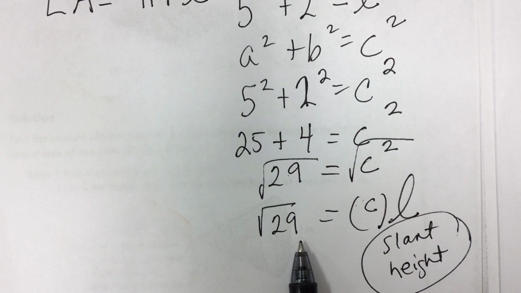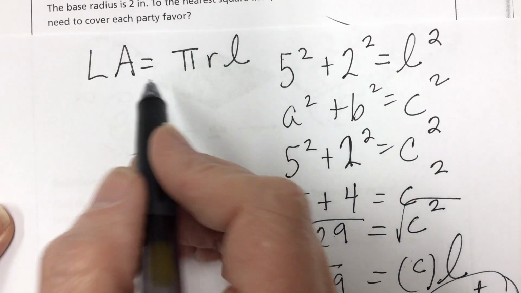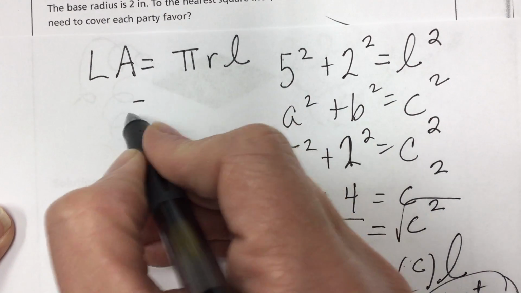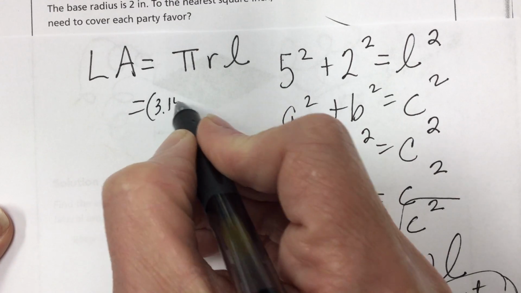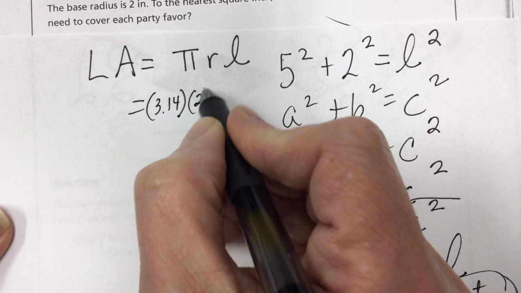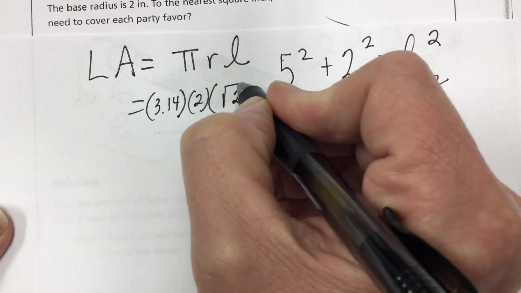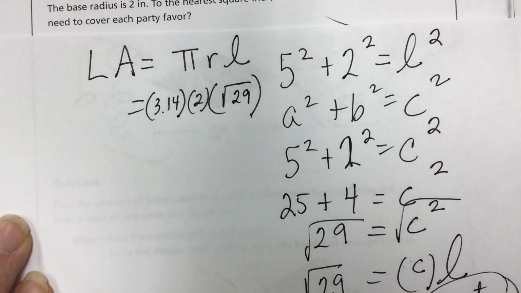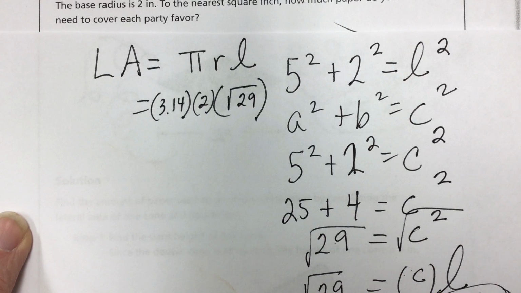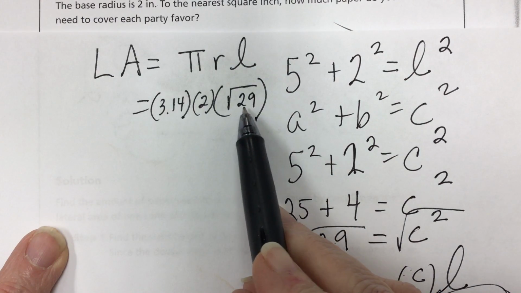Now let's find the lateral area using the formula pi r L. So I'll have pi, which is 3.14, times my radius, which is 2, times L, which is the square root of 29.